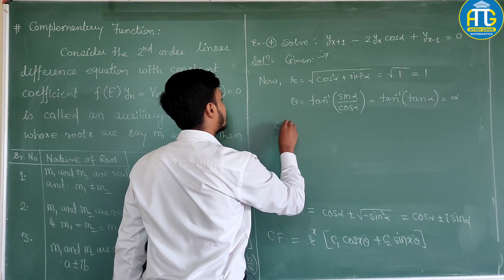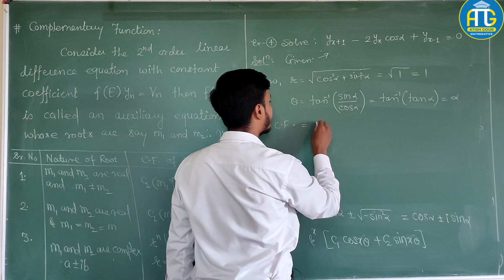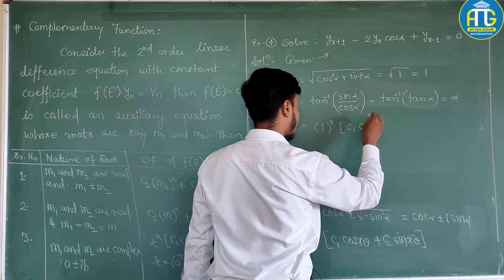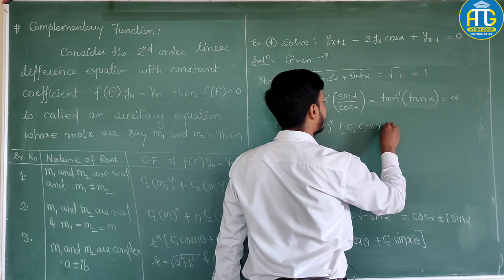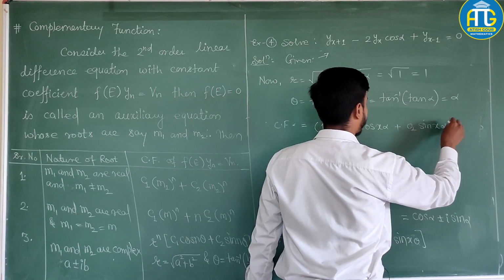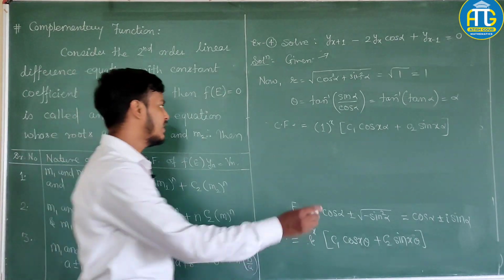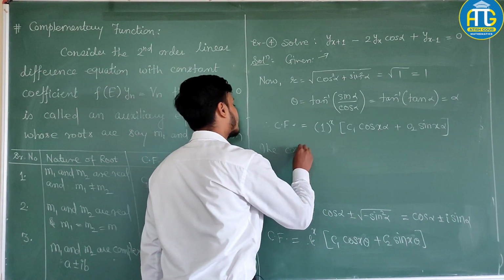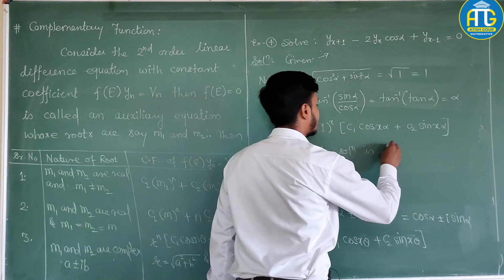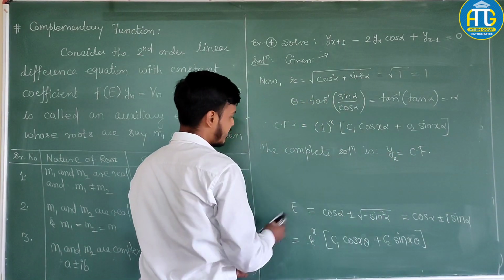Therefore, CF is equal to, what is it? R is 1. So this is 1 power x, C1 cos x theta, so x alpha, plus C2 sin x alpha. Okay, so this is the complementary function, you can write down the complete solution. The complete solution is y is equal to CF, yx is equal to CF.